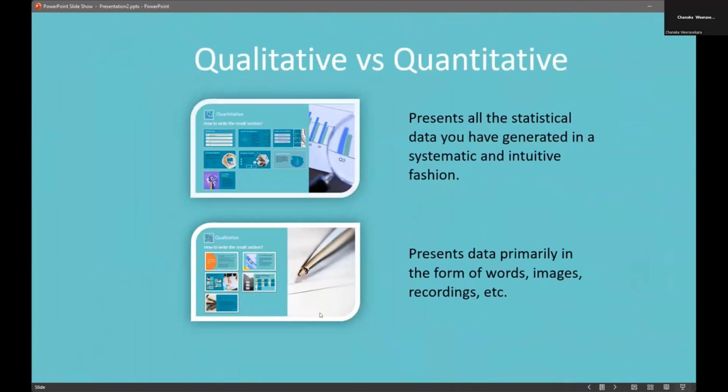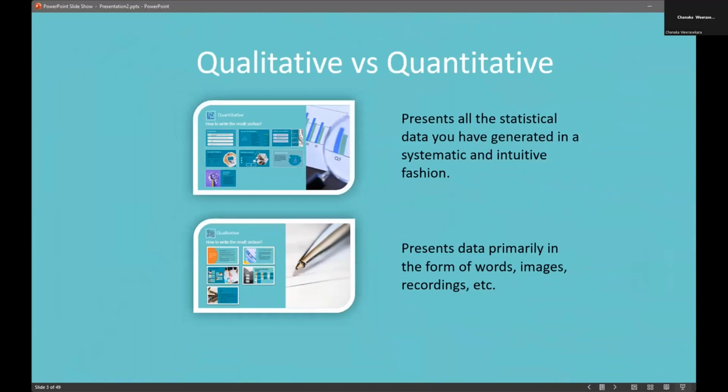So before we go into the qualitative part, let me open this up for you. If you have any questions about the quantitative part, this could be the best time to ask, because I need some feedback from you.